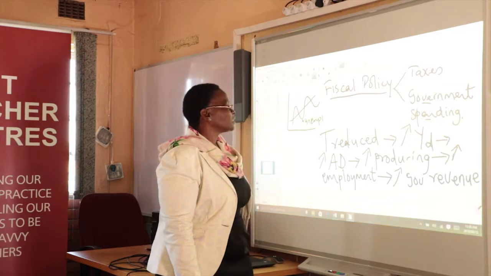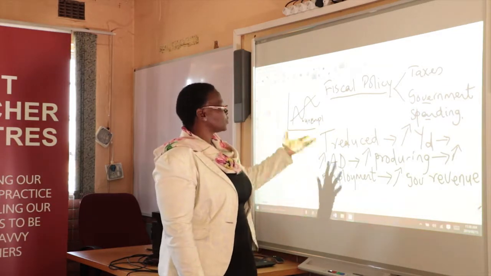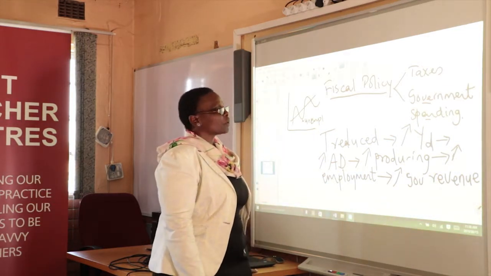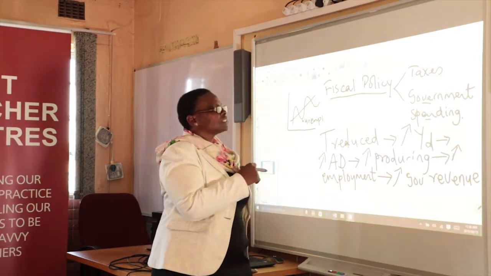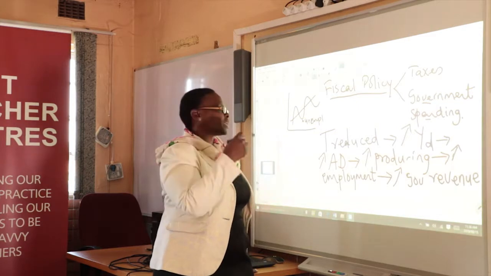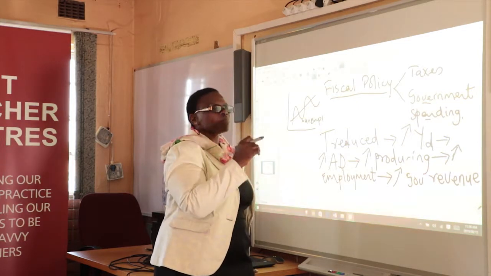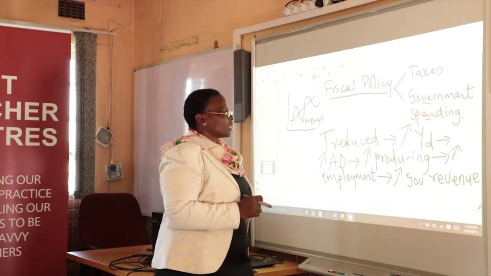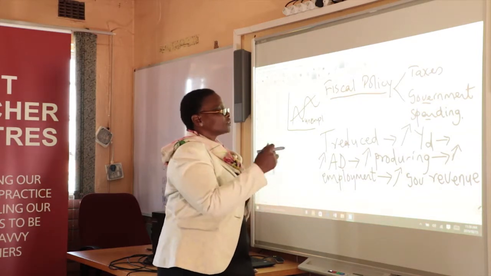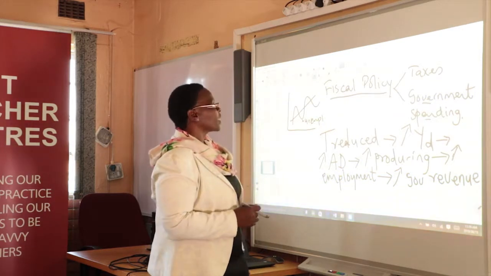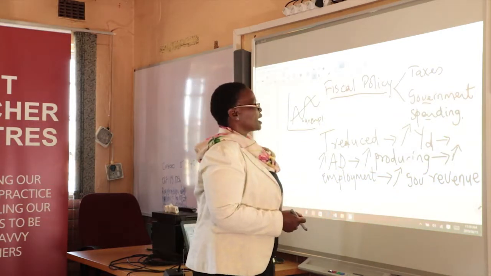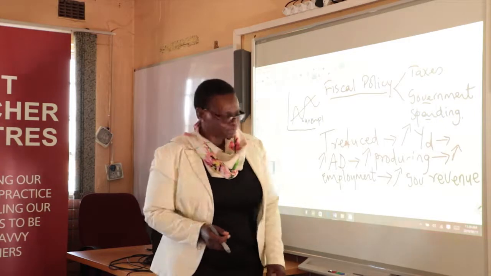And government spending is also an injection, and that will also stimulate economic growth because people will have more money. So if the old age pensions are increased, the grants are increased, and all the capital projects that the government would introduce, that would also inject money into people's pockets, and that would improve their standard of living.